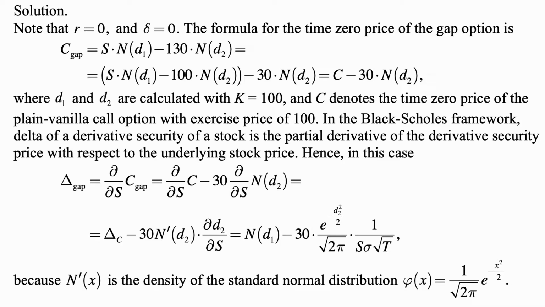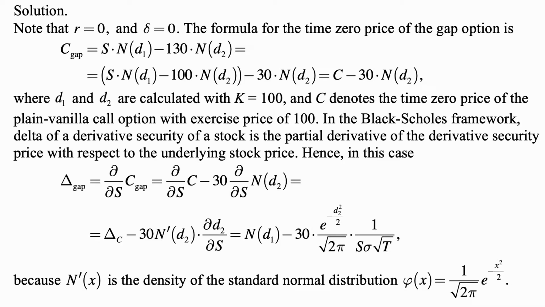That is equal to the delta of the call minus 30 times the derivative of N, the cumulative distribution function of the standard normal distribution, at d2, times the partial derivative of d2 with respect to S.